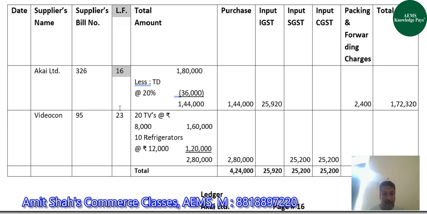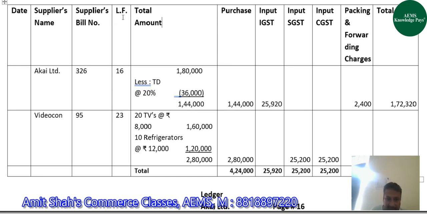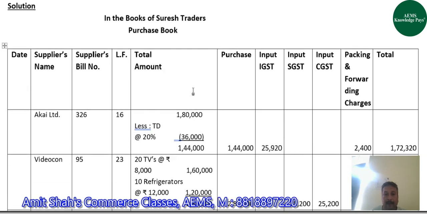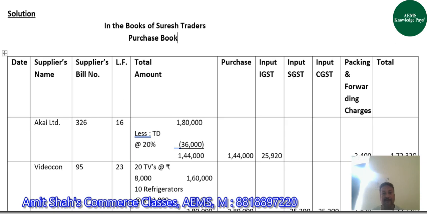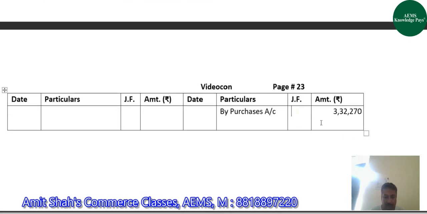Though this column you do not need to fill in for your academic purpose, in reality this is how it is done. And what should be the page number of the purchase book? Let's say this is page number 12, then that 12 would be mentioned here and also here. Have you got this, guys, or not? All.